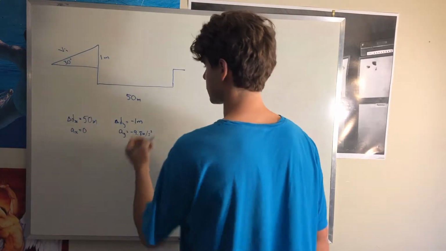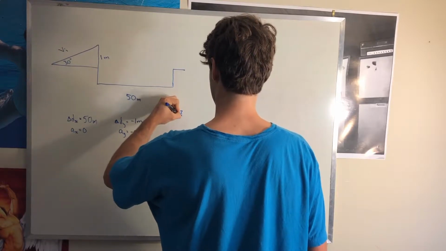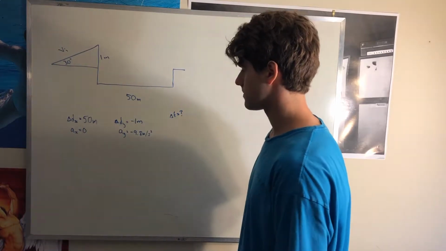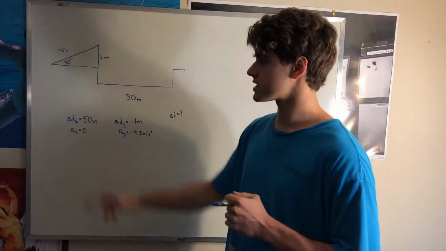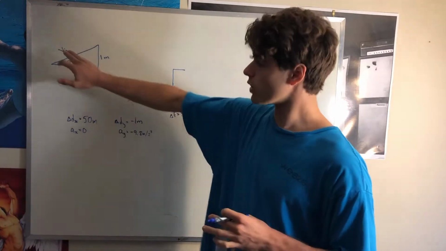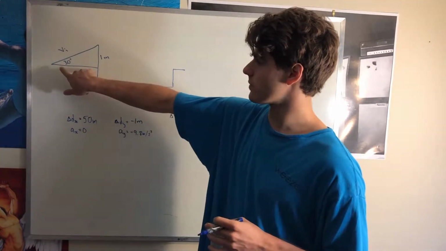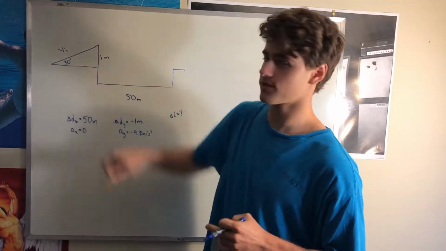We don't know the time. Now we can write our initial velocity with respect to a general VI. We don't know what this value is, but whatever it is, the horizontal component is going to be VI times the cos of 30.